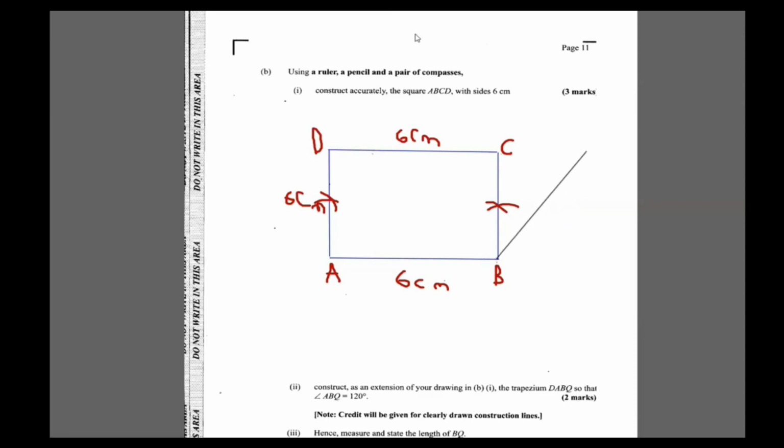So let's say here's the point Q. We just need to make sure that angle ABQ, so this is Q, angle ABQ meaning this 90, meaning this angle here is 30, but all of this angle coming around needs to be 120.